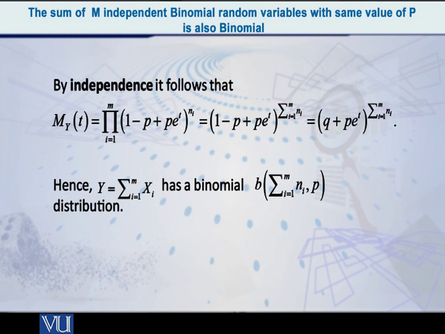The only thing is that the power is not n, but it is summation ni. This is why we can say that Y, or in other words, summation Xi, has a binomial distribution with parameters summation ni and the other one p. This is the proof of this interesting and important theorem.